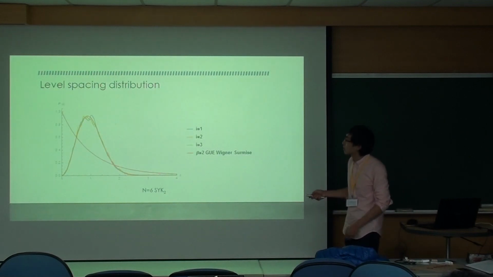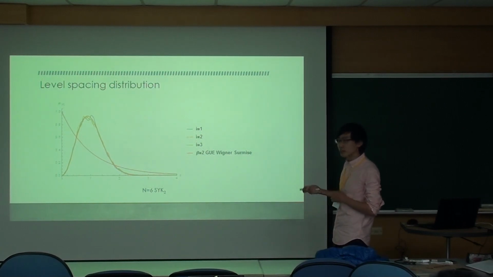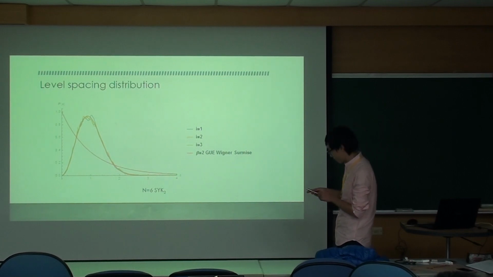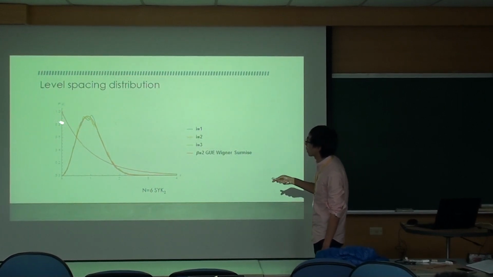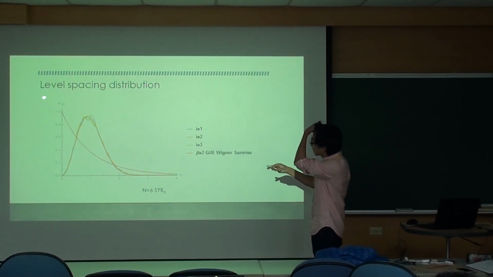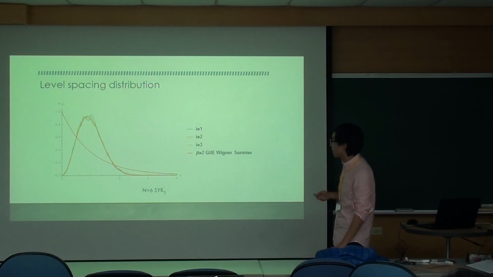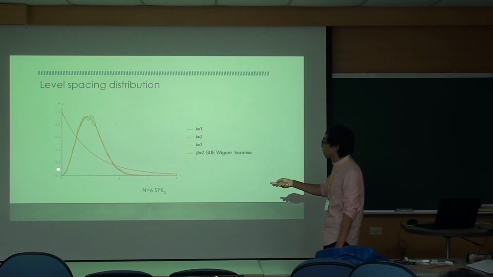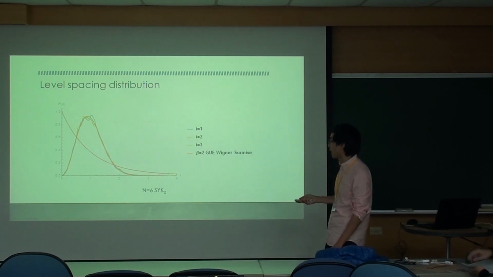We can also check the level spacing of SYK2 to see whether random matrix theory is really a good measure of a chaotic system. Here I plotted a few curves. This curve is the Poisson distribution of the level spacing, and this one is the Wigner distribution. According to random matrix theory, if the level spacing distribution of a physical system follows the Wigner distribution, then it's supposed to be chaotic.